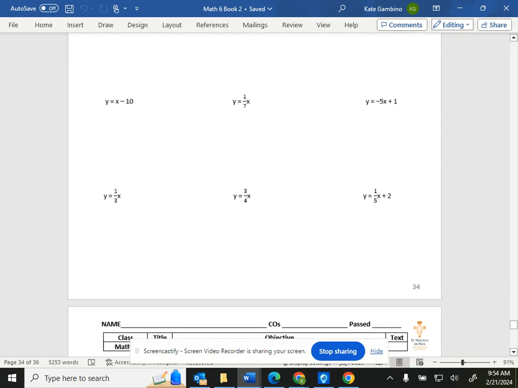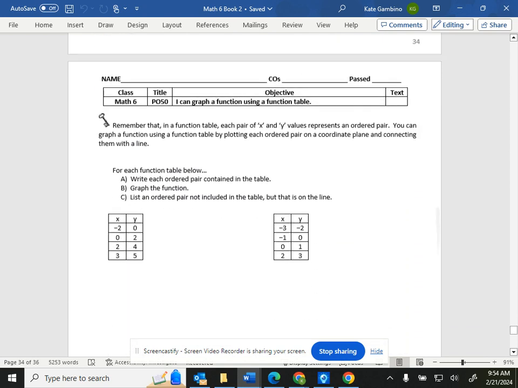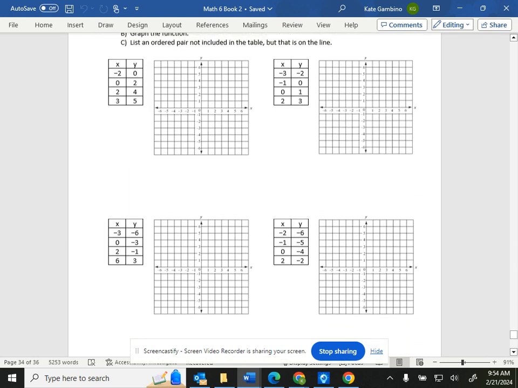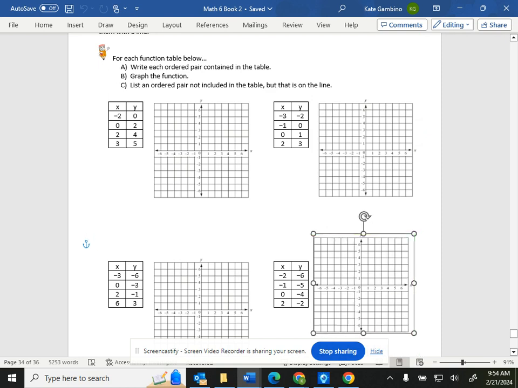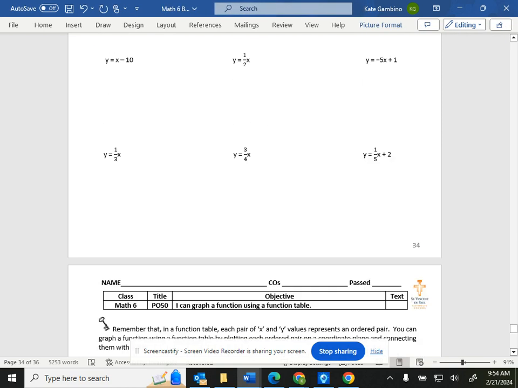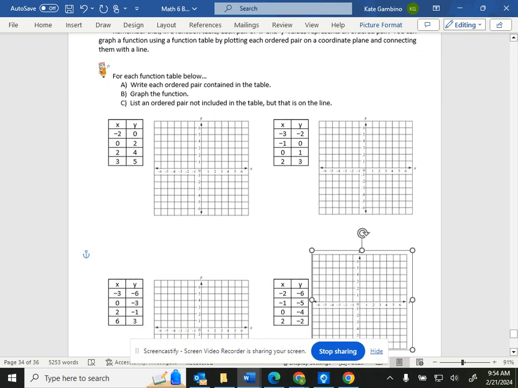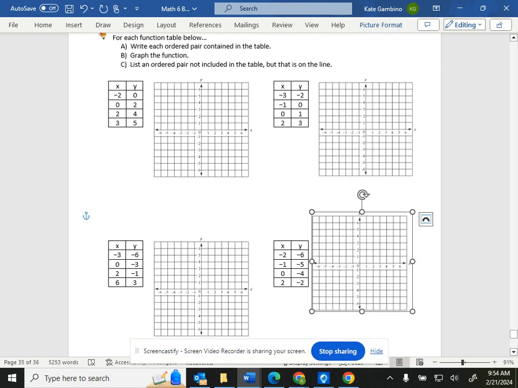So let's look at, let me see if I can, I have to do it from my computer. All right, there we go. So the first thing we're going to do, we're going to look at this first function table, and we're going to write, we are really not calibrated.